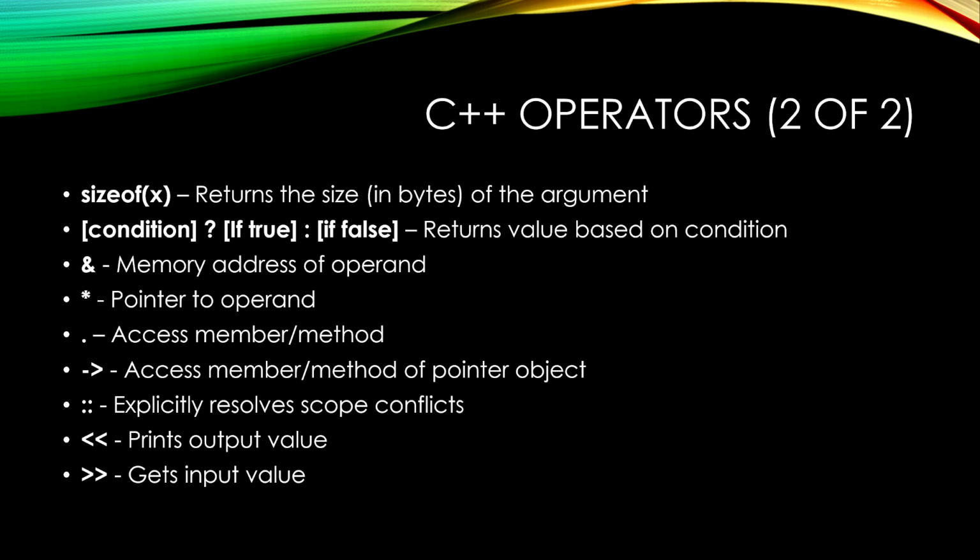We have the double colon, which we call the scope resolution operator, and that explicitly specifies the scope of a variable or function. We'll see it a little bit, but not much, just because the way we're going to be doing things is going to eliminate the need for this in a pretty big way. And then, again, this is your output stream, this is your input stream.